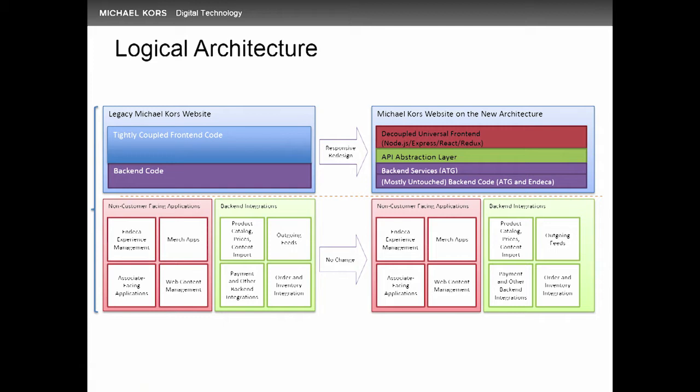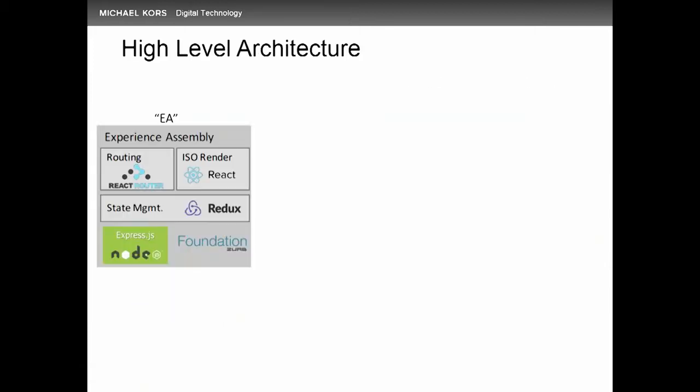You can kind of see we've built a decoupled universal front-end JavaScript framework that sat on top of an API, what we call an API aggregation layer, which sat on top of ATG. Just to dive into that top part a little bit, essentially we've got 3 components to our architecture today.